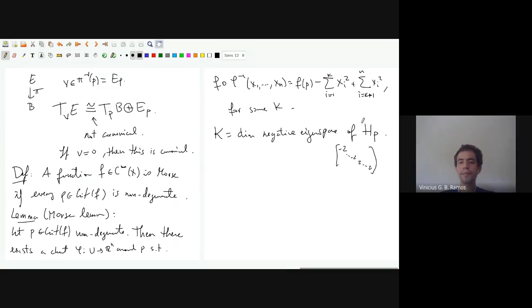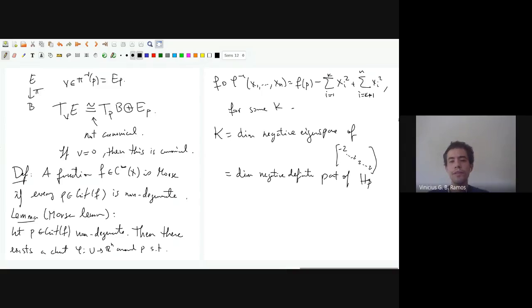It's also the dimension of the negative definite part of H_P. The Hessian is not really a matrix; it is a symmetric bilinear form.